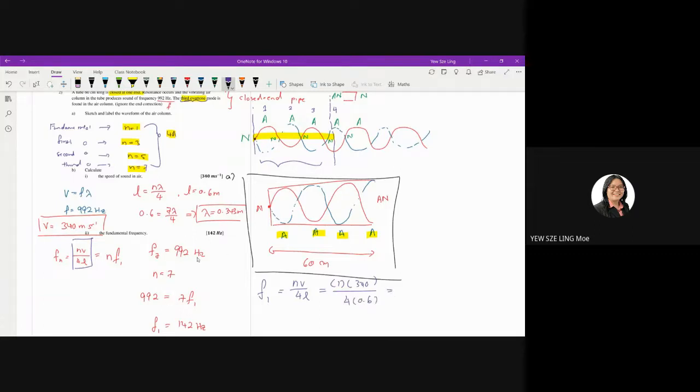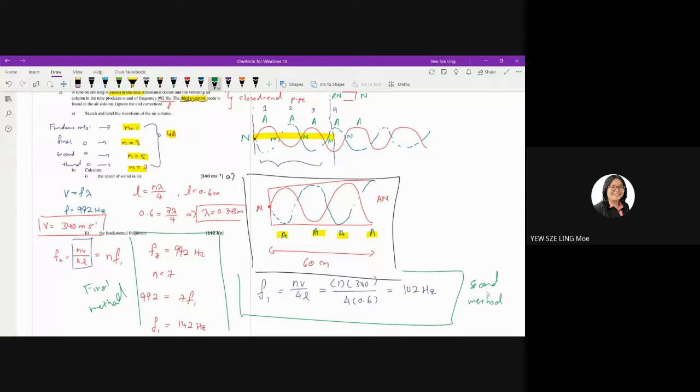You should get a value close to or equal to 142 as well. So you have two different methods. This is the first method, and this is the second method. It is up to you which one you want to use. There's no fixed answer in physics, as long as it makes sense and you answer according to theory.